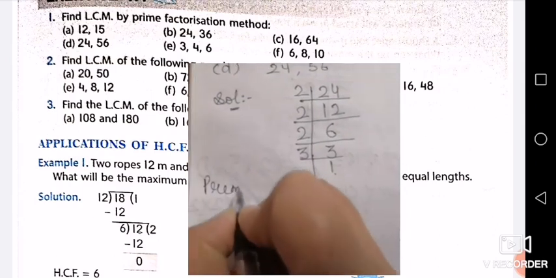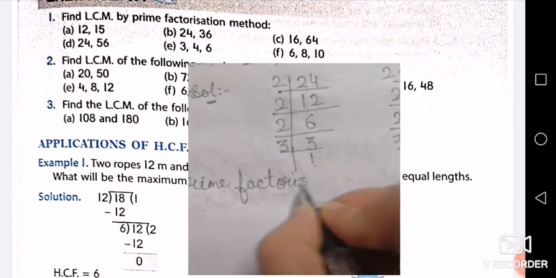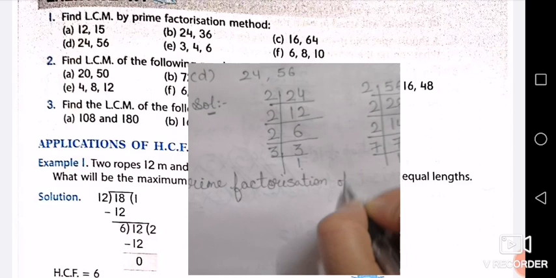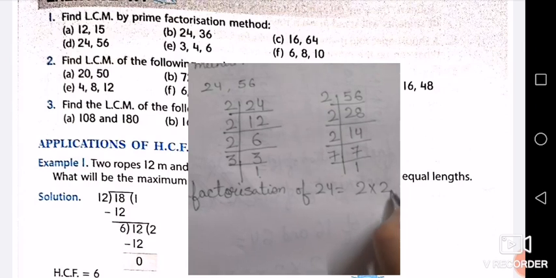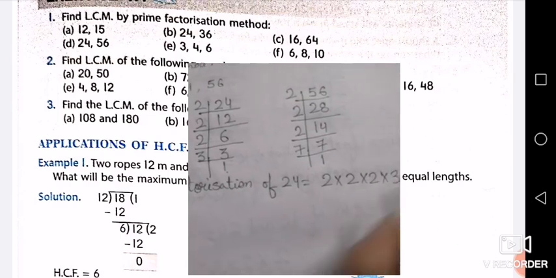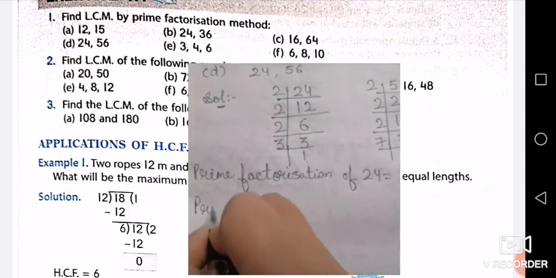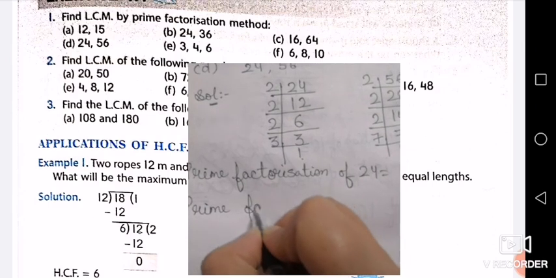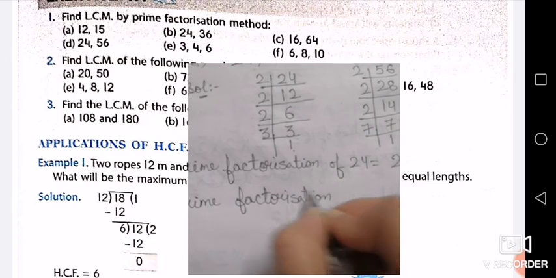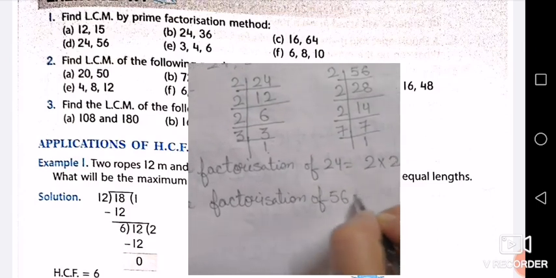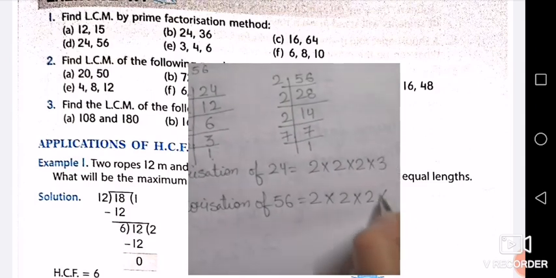Now prime factorization of 24 we will write, that is 2 multiply by 2 multiply by 2 and then multiply by 3. Now the next is prime factorization of 56, we will write it down, that is 2 multiply by 2 multiply by 2 and then 7.